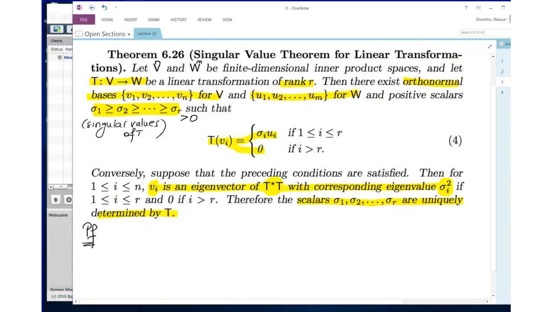So, again, the key is in the operator T star T. T goes from V to W. T star goes from W to V. T star T will be a linear operator on V, which is normal.